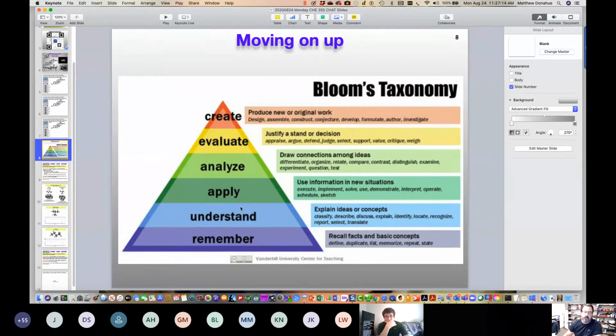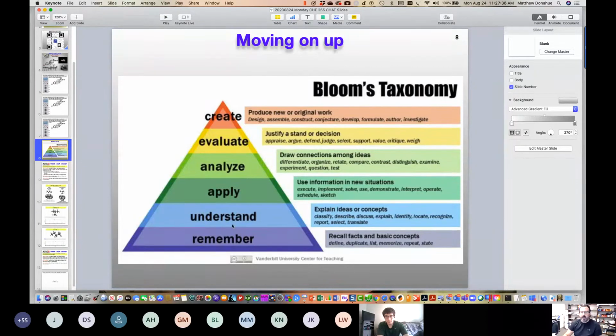For organic chemistry, we're moving towards the top of this pyramid: apply, analyze, evaluate, create. Create maybe a little bit more in 256, but really in our learning efforts we want to be applying, analyzing, and evaluating.